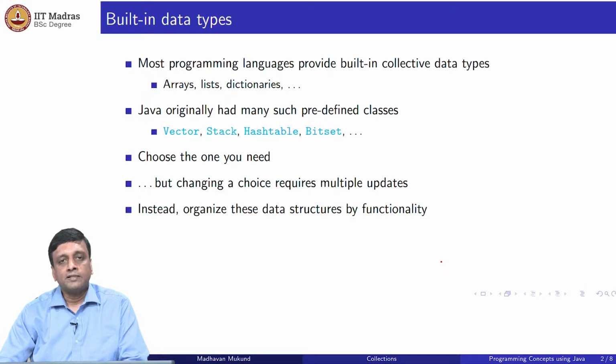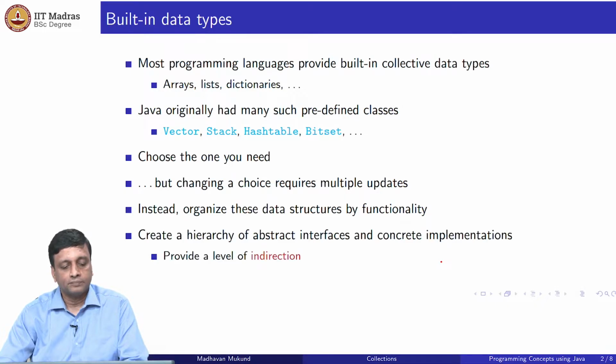After some time, as Java was evolving, there was a decision to organize these data structures and provide a certain higher level interlinking of these to make it more flexible to choose the one that you needed as late as possible, to add this possibility of indirection.